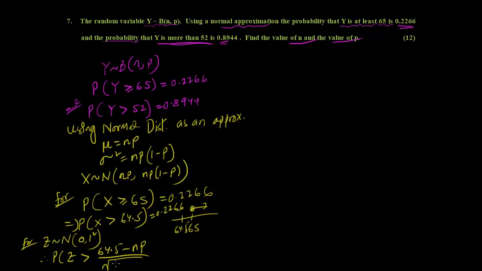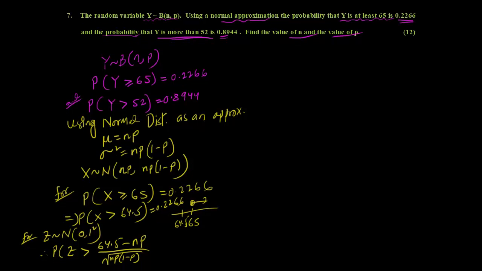Oh boy, this is going to be a bit complicated. So np(1 minus p), that's the standard deviation. This is what we get. Now this equals 0.2266.